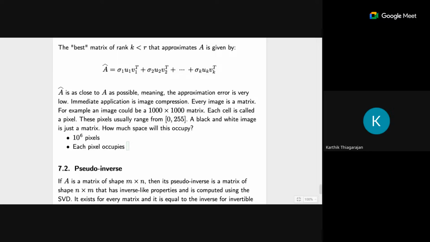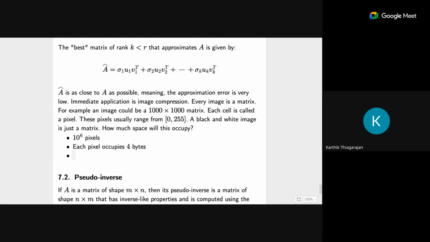Each value ranges up to 255, so you could say that there are 4 bytes, let's say 4 bytes. So it's like 4 into 10 power 6 bytes. What is that? 4,000 bytes is 1 kilobyte. Is that correct? Roughly. So 4 into 10 power 6 will be 4 MB. Is that calculation correct? See, 4,000 bytes is 1 kilobyte, right? Roughly.